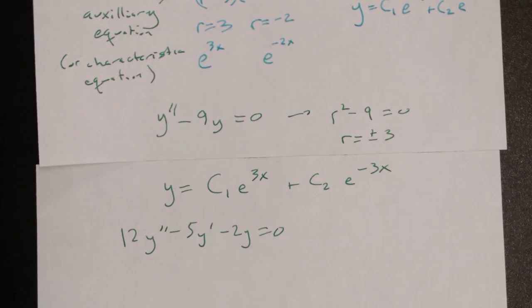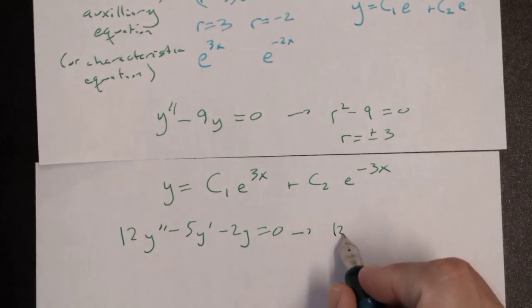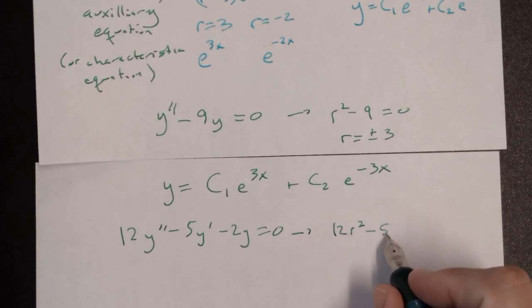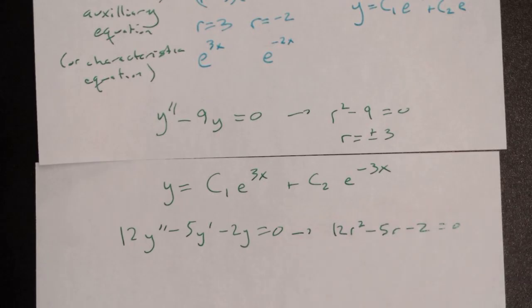But my quadratic in this case is ugly, right? The quadratic equation, 12r squared minus 5r minus 2. Can you factor that? Maybe.